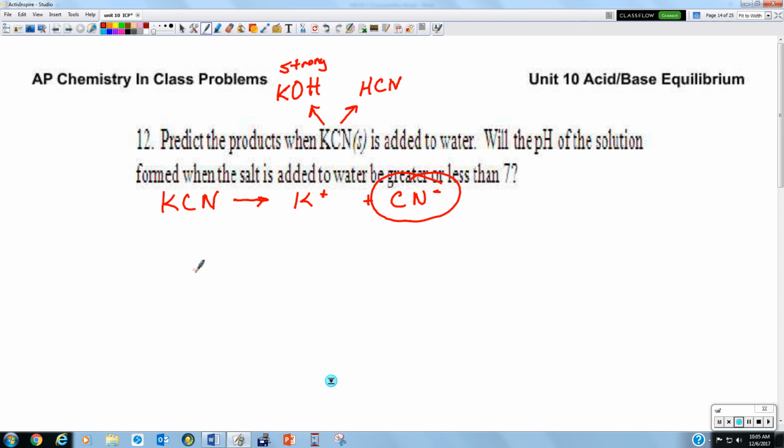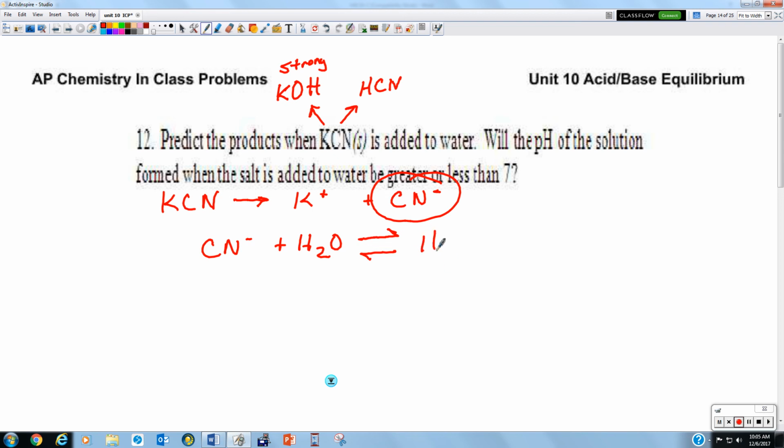All this is really asking is will the pH be greater than or less than 7? So now we're going to show that we have CN negative plus H2O, and we're going to look at the ion that ends up in the product side.